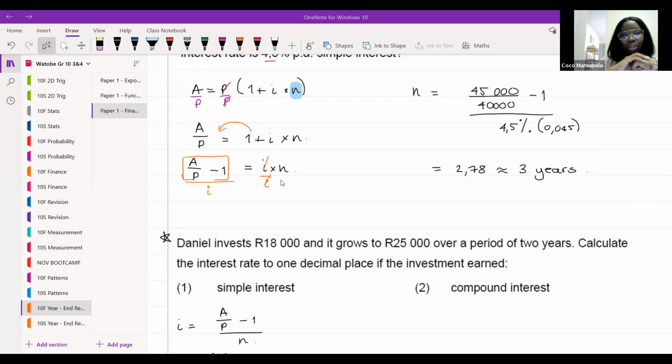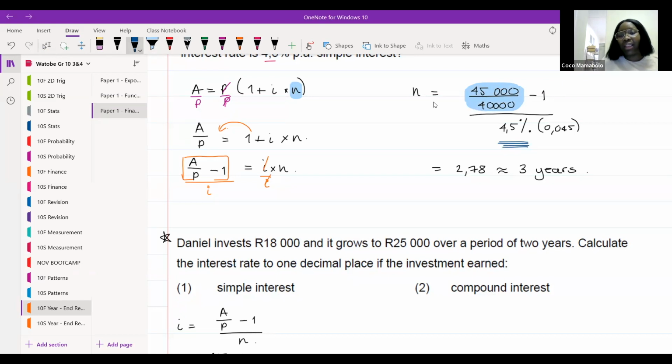So Ndumiso, I'm not 100% sure what you've done differently to what we've done. Maybe what we need to do is not minus the one after. The order in which you need to do it is first divide these two: take your 45,000 divided by 40,000 and then minus one, because BODMAS will dictate that this will come first.